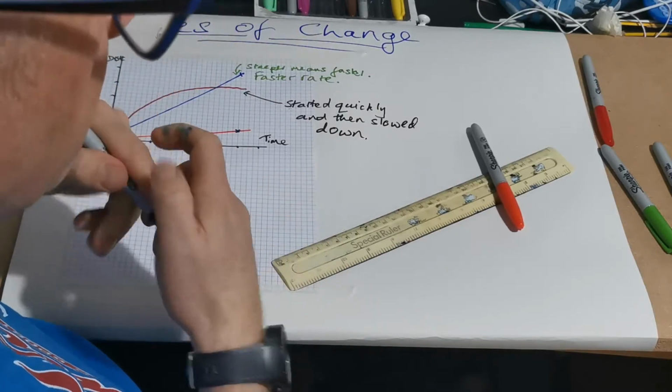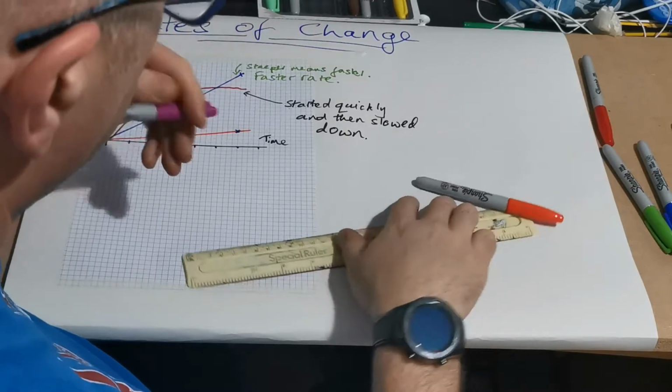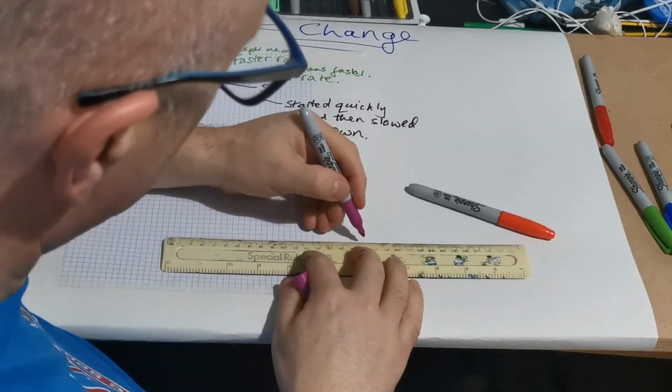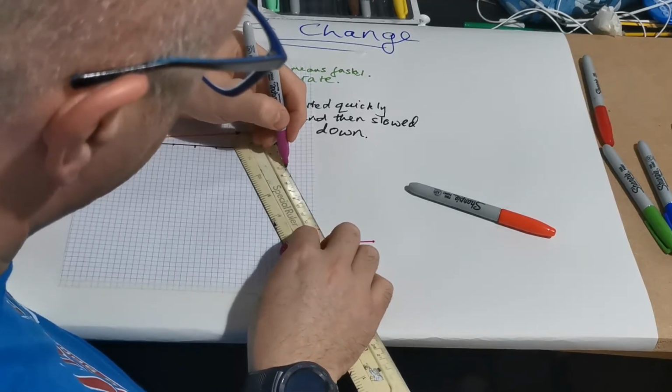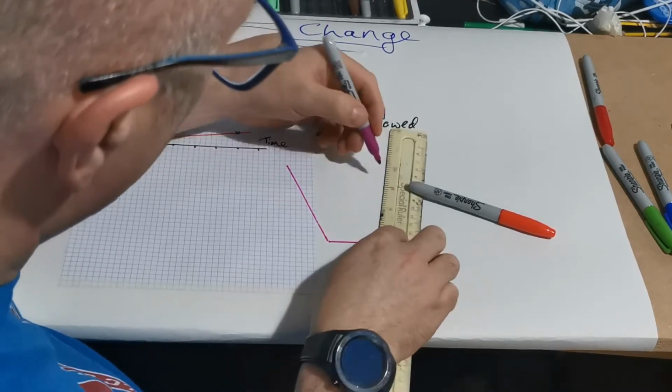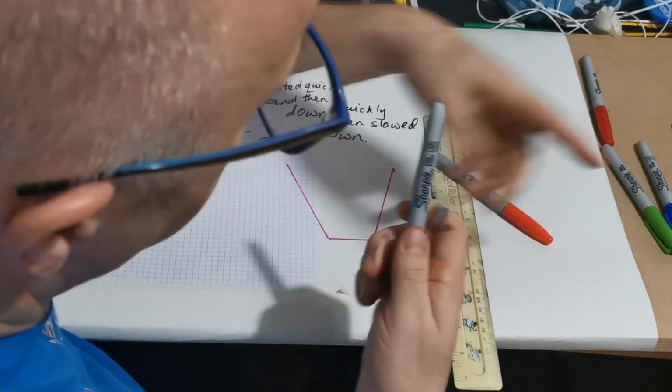An example where you might see that, a classic example from a maths point of view, would be, say you had a vase like that and you were tipping water into it.